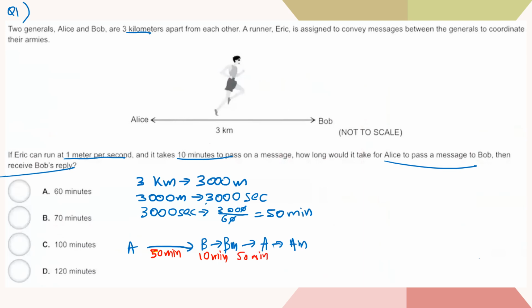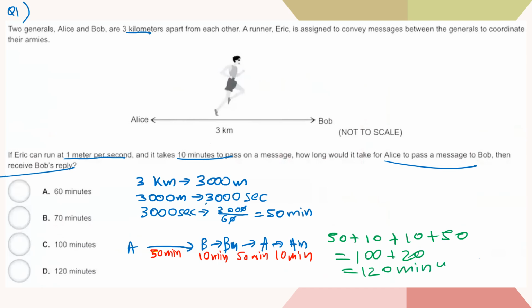And then he has to pass on the message to Alice. It takes 10 minutes. So we find that it's 50 plus 10 plus 10 plus 50, which equals 100 plus 20, which equals 120 minutes, which is the answer.